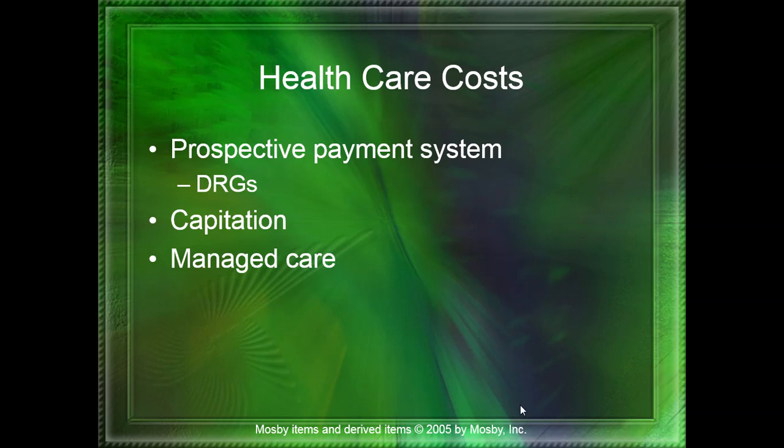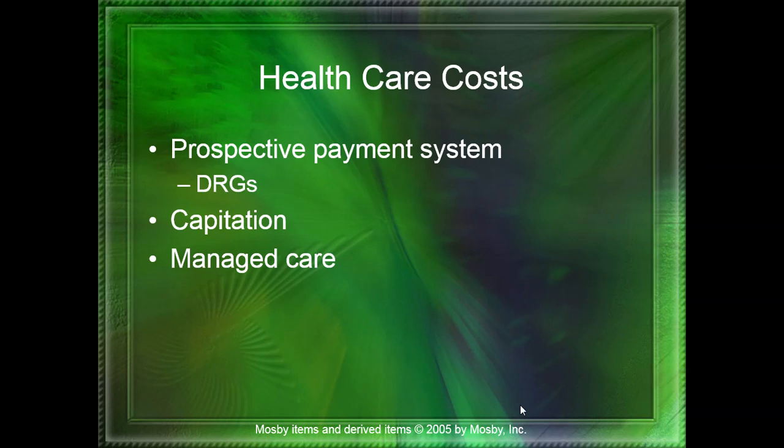So prior to about the late 80s, early 90s, you were paid by the day in the hospital, paid by the visit for home health, paid by the doctor's visit. The doctor could have you come in once a week, or 5 times a week for some kind of treatment, and he got paid for every time you were there.